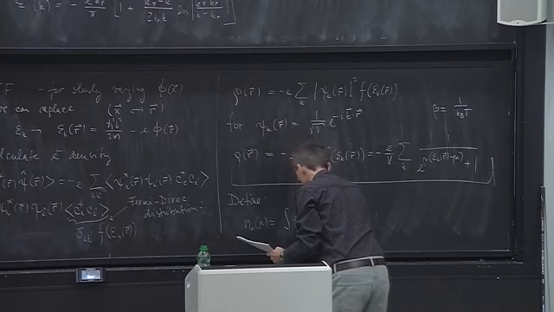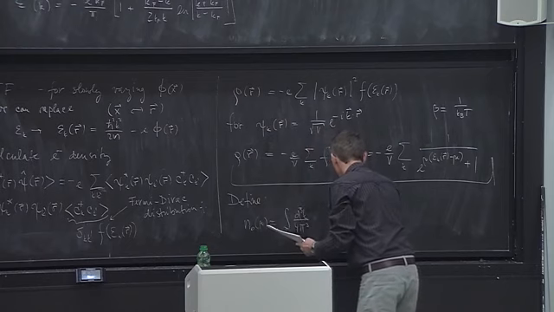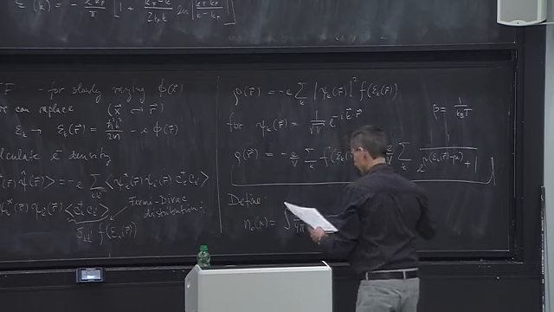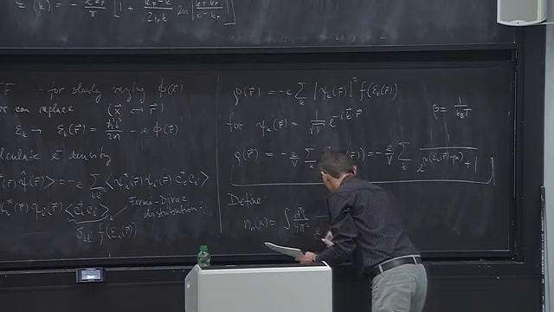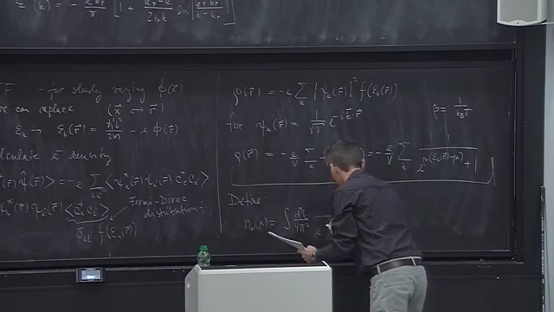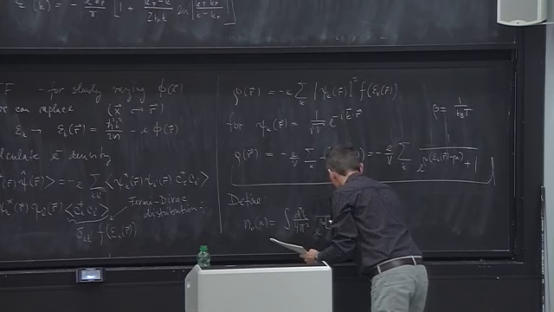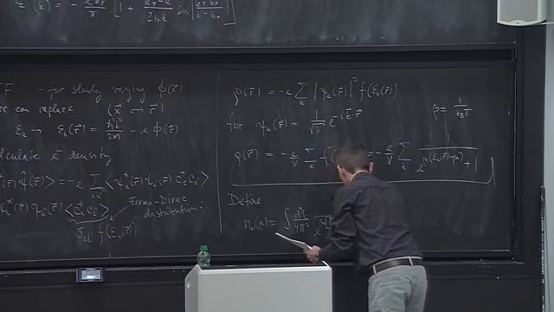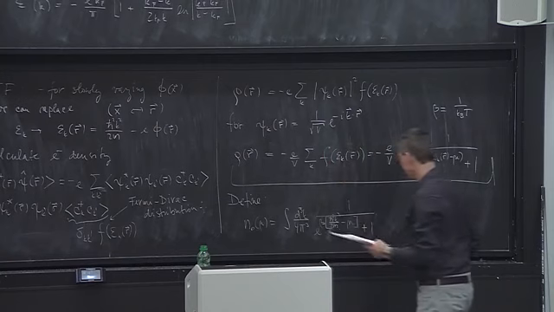over 2 pi cubed times 1 over e to the beta times (h bar squared k squared over 2m minus mu) plus 1.